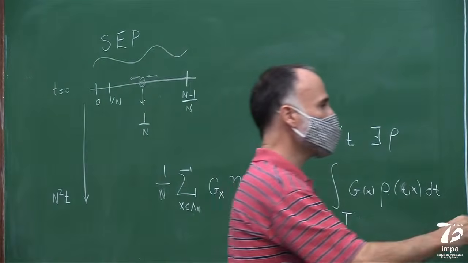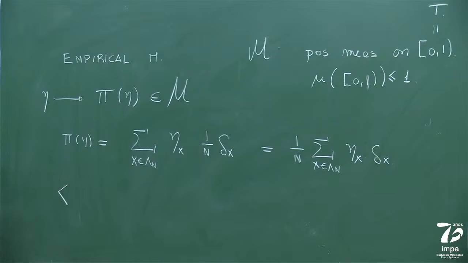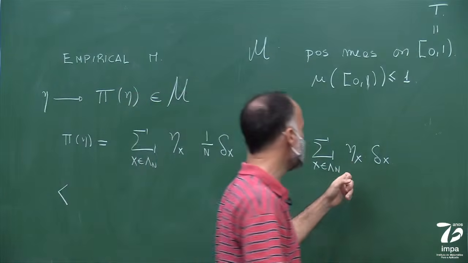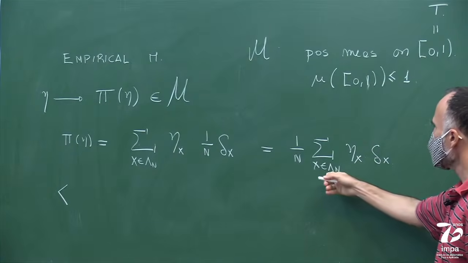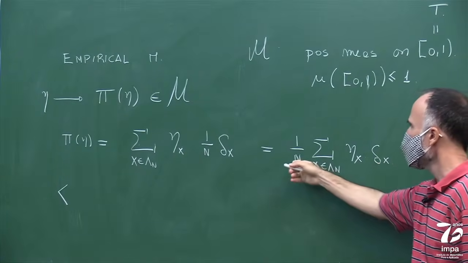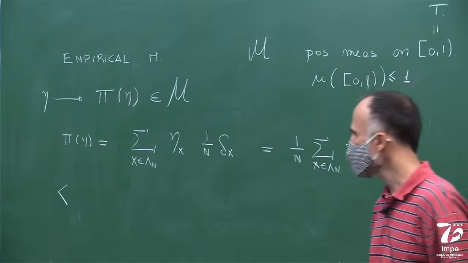So this is a measure. It's positive, and its total mass is bounded by 1. If I want to maximize the mass, I will place a particle at each site, and the total mass will be n divided by n, which is 1.